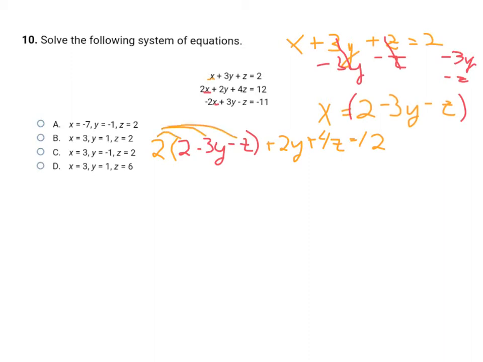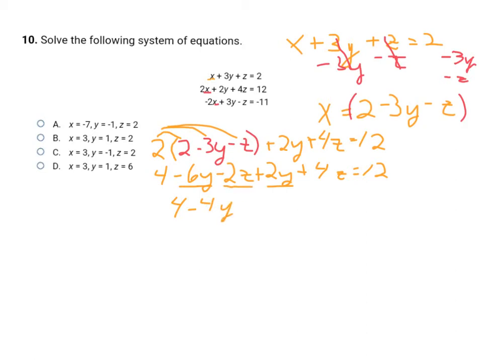So I'm going to distribute the 2. It's going to give me 4 minus 6y minus 2z plus 2y plus 4z. And now I'm going to combine like terms. So I'm going to take the minus 6y plus 2y is a minus 4y.